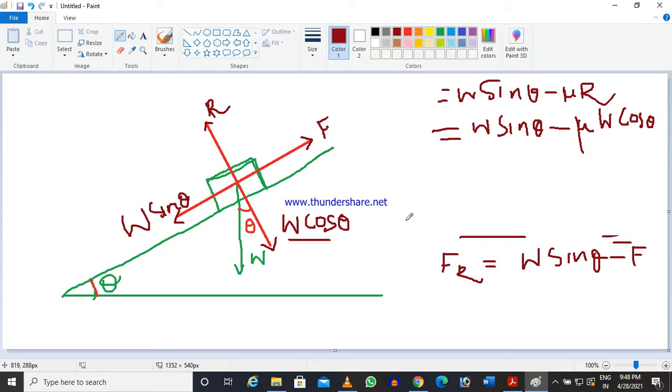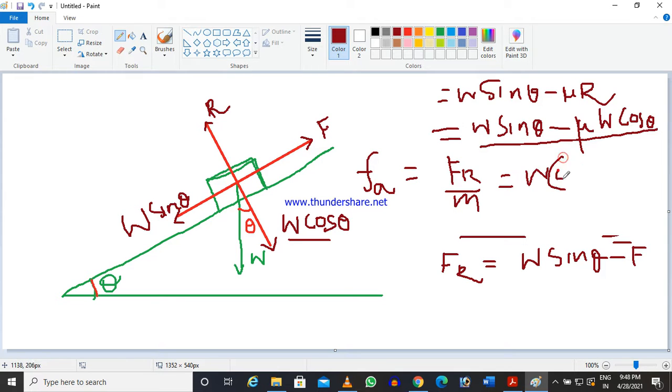Now the acceleration experienced by the block is equal to my resultant force divided by mass. Here we can take w common, so that is w into sin theta minus mu cos theta, divided by m.